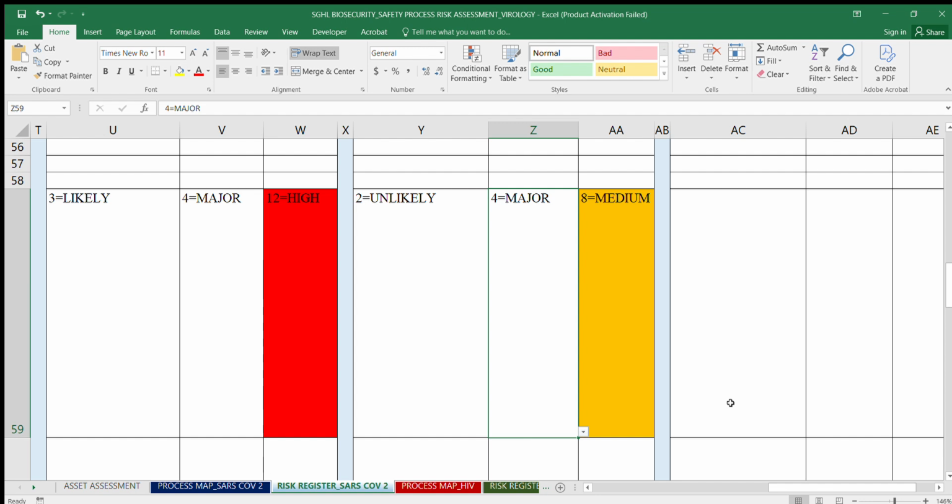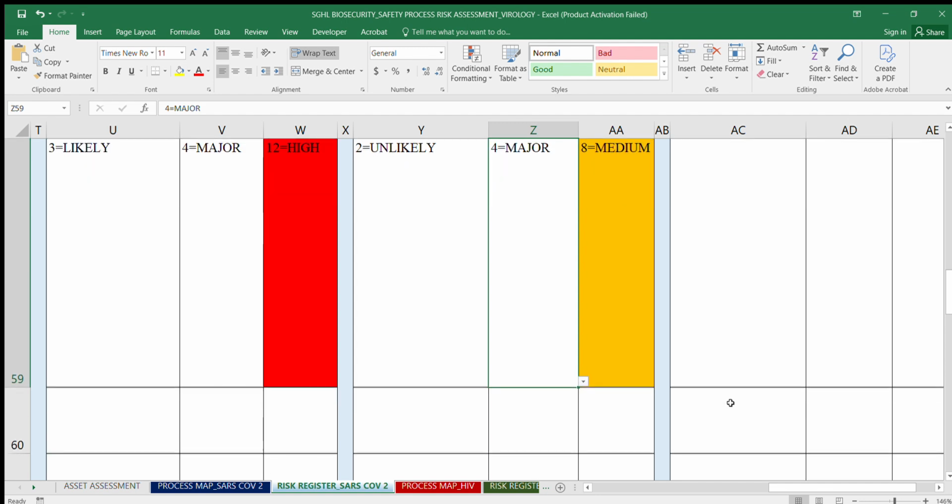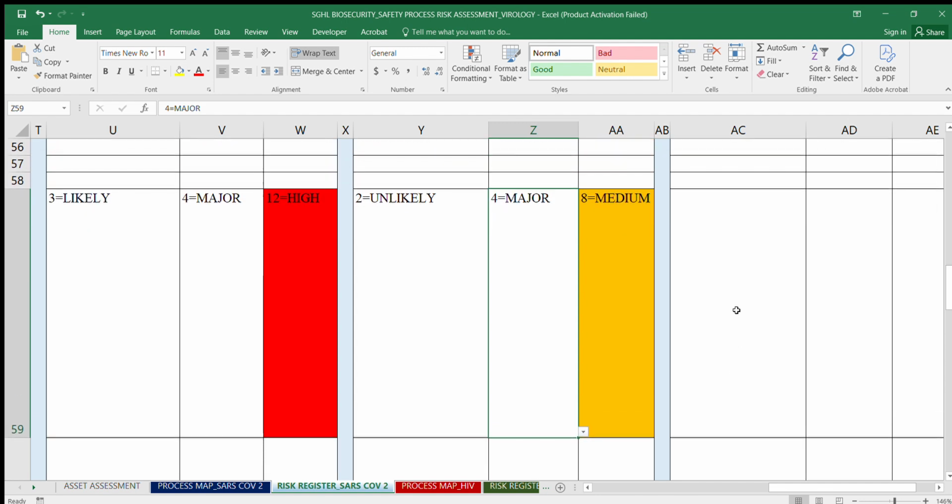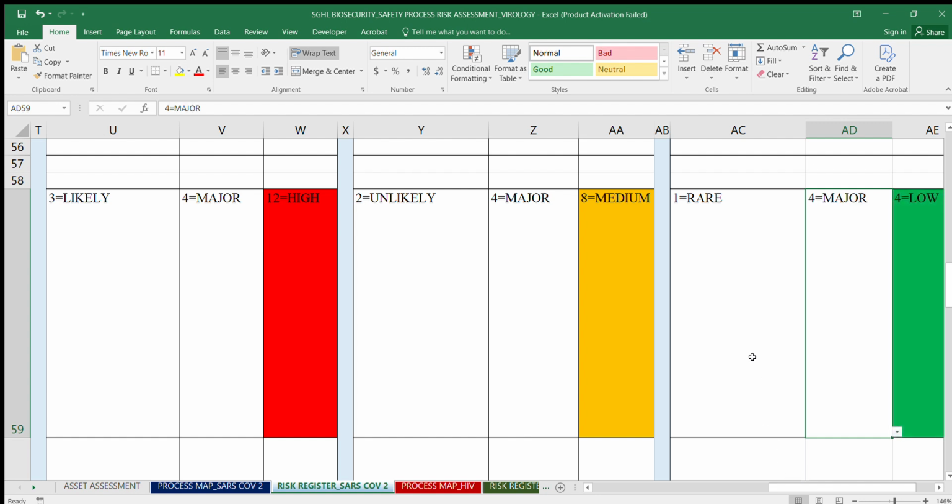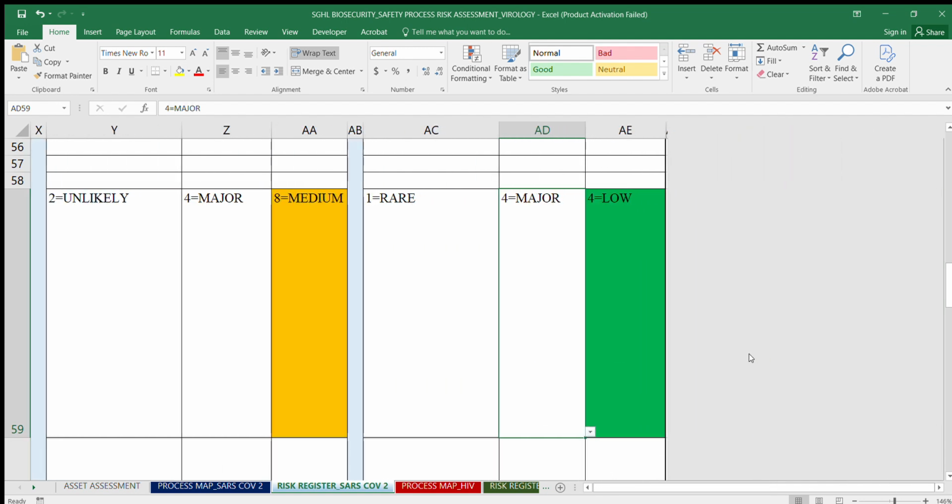Therefore, maybe it has reduced to a medium because there was that lapse of a high risk. Therefore, you cannot automatically go back to low after 3 months. So you need to observe again for another 2 to 3 months. And after you observe that everything is going smoothly, you may now say, okay, now it's a bit rare that this will happen, and therefore your risk will go back to a low.